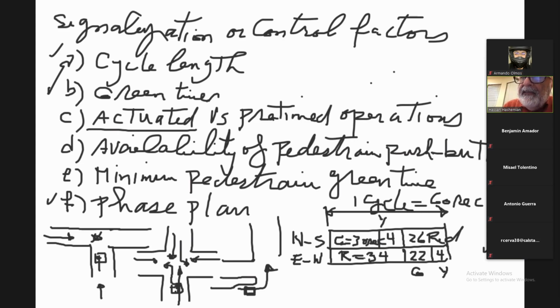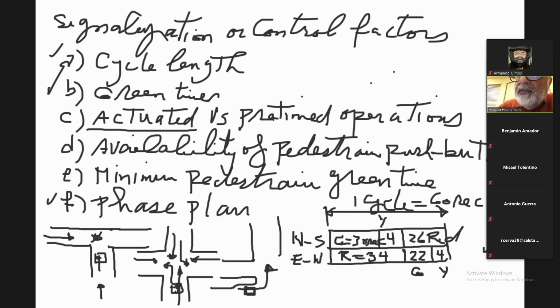Okay, and then we have availability. If we have availability of a pedestrian push button, that changes cycles because we have to allow for pedestrians to cross. So we might have a longer cycle. So that influences that. And then minimum pedestrian green time. Again, that depends on how wide the intersection is.